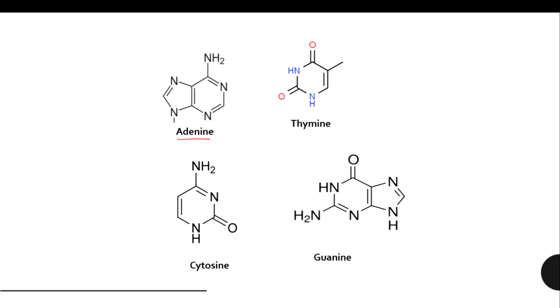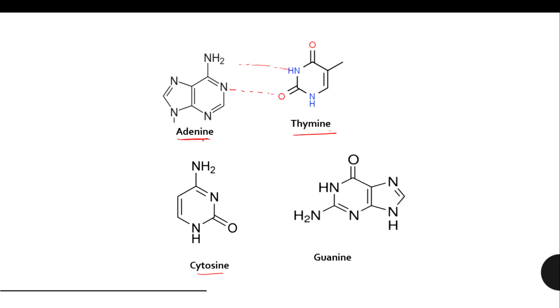Right? This is the adenine structure, this is thymine and this is cytosine. I will take these nitrogenous bases specifically and explain them now. Now this adenine reacts with thymine with the help of a hydrogen bond, like this. This nitrogen forms a hydrogen bond with the other nitrogen, and this nitrogen forms a hydrogen bond with the oxygen.